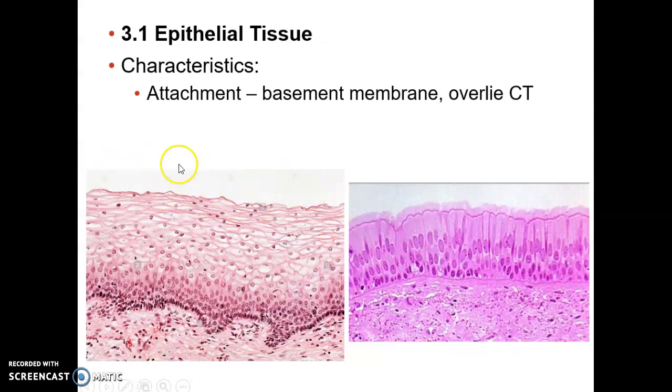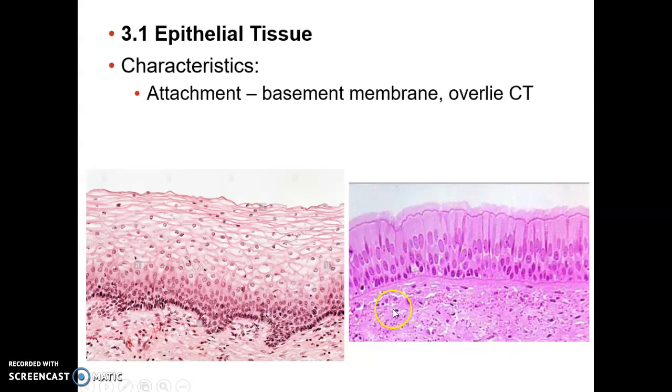So it's exposed to either air or an internal cavity. So let's say this is your windpipe, your trachea. This would be the passageway where air moves. Here's a distinct edge. In other words, there's nothing up here. And that distinct clear edge is really characteristic of an epithelial tissue.